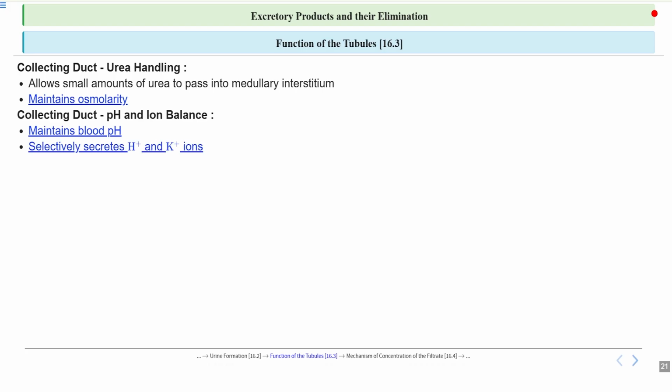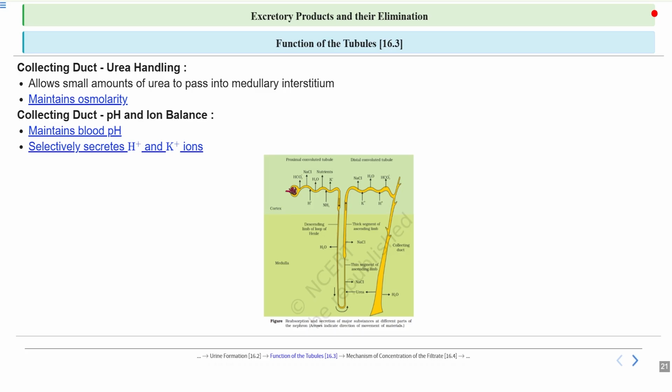It does this by selectively secreting hydrogen ions or potassium ions. Think of it as a fine tuning process where the collecting duct adds and removes specific ions to keep everything in balance, which is very important for nerve and muscle function. Remember that the collecting duct is very essential for final adjustments in urine composition and for maintaining the body's internal balance.